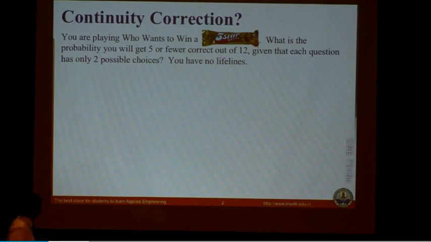So q is also 0.5. r is 5 or fewer, so 0, 1, 2, 3, 4, 5. You will have a cumulative distribution. Basically, cumulative probability is what you have to calculate for 0, 1, 2, 3, 4, and 5.